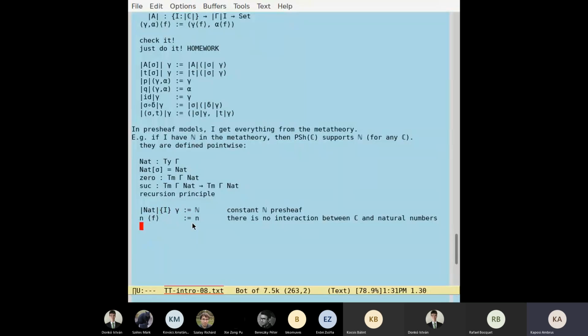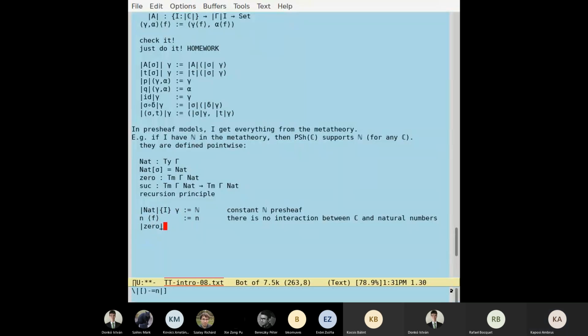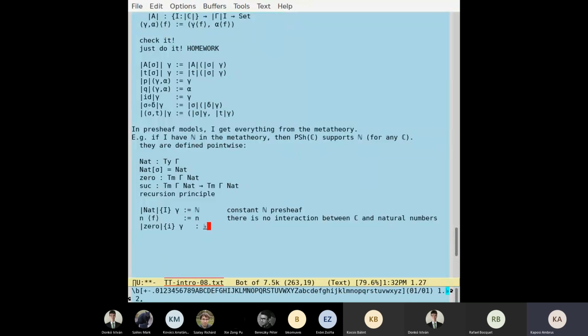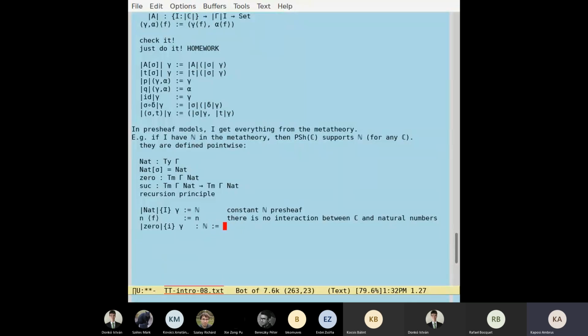And then you can also define 0. So 0, for any Gamma, it's just the constant 0, right? So this needs to be an element in this. If this is the argument here, then it needs to be in this, but this is just the meta-theoretic natural number. So you just use the meta-theoretic 0, right?